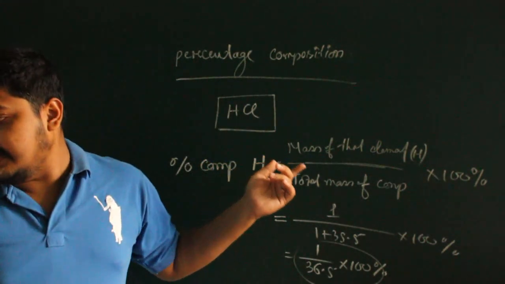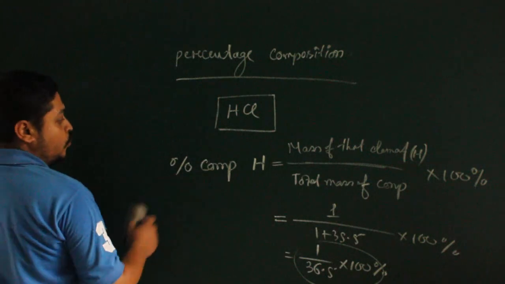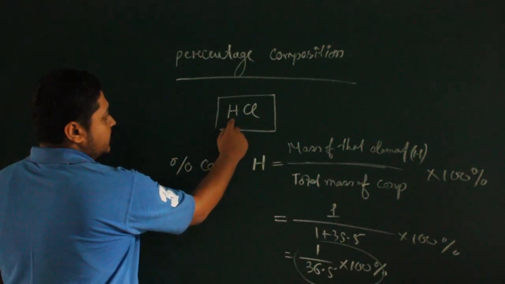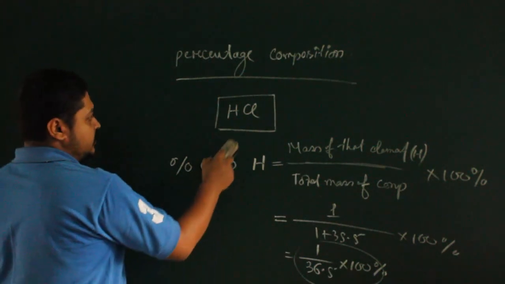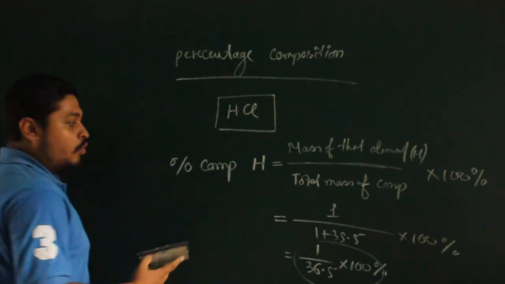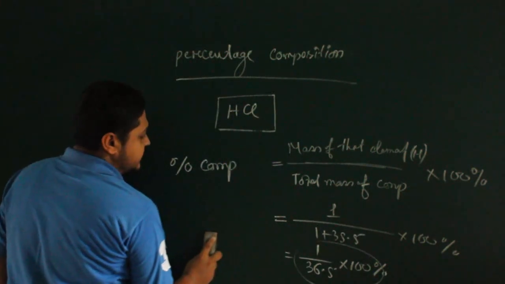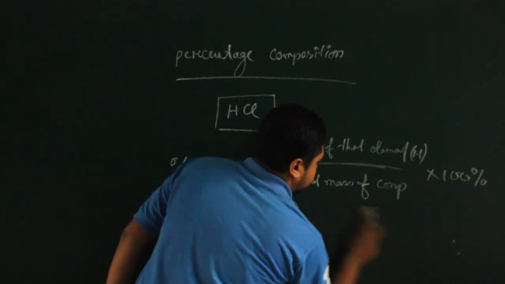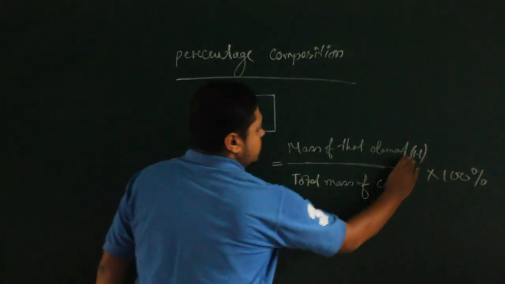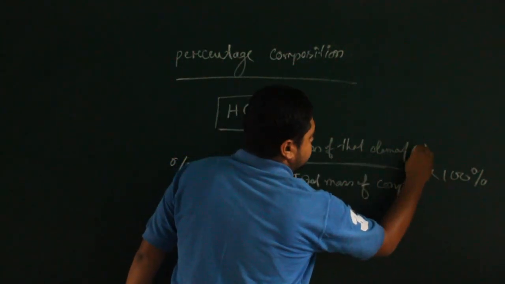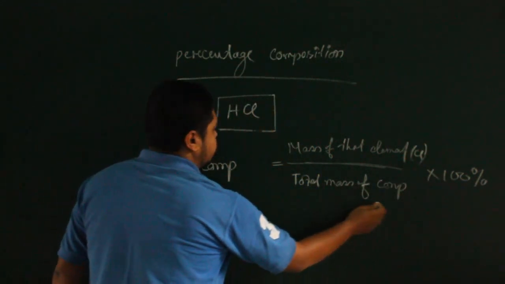Next, there are two elements contained in this molecule: one is hydrogen and the other is chlorine. In case of Cl, we need the mass of that element, that means Cl, and the total mass of the compound.